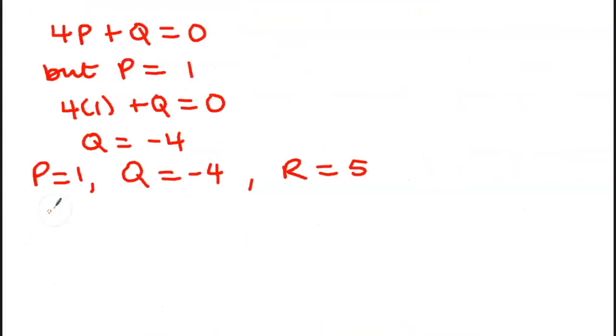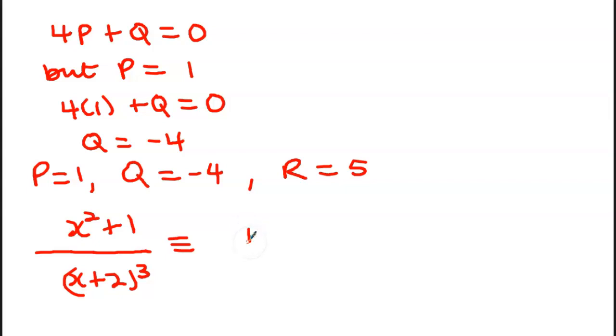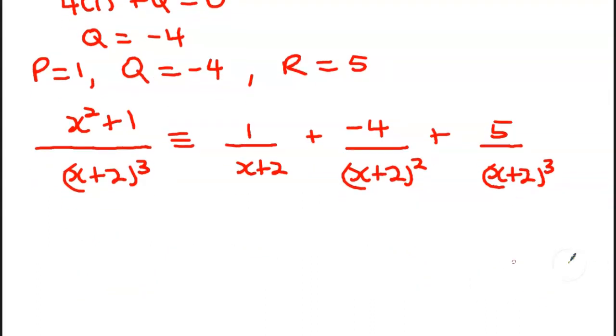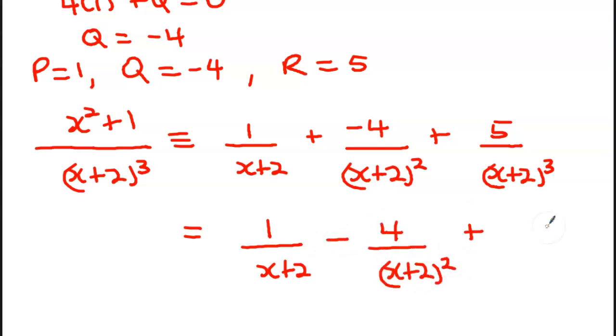We have (x squared plus 1) over (x plus 2) cubed equivalent to 1 over (x plus 2), plus minus 4 over (x plus 2) squared, plus 5 over (x plus 2) cubed. To simplify further, the plus and minus combine, so we have 1 over (x plus 2), minus 4 over (x plus 2) squared, plus 5 over (x plus 2) cubed.